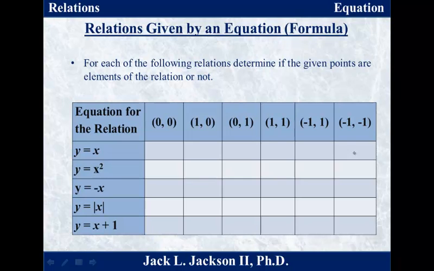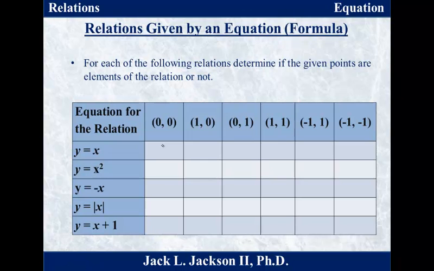So here we're just going to test to see if these points are elements of the relation or not. I've got 6 test points and 5 different relations to test them with. In the blanks, you're going to put either yes or no. In the first blank in the upper left corner, we put yes if 0, 0 is part of the relation y equals x.